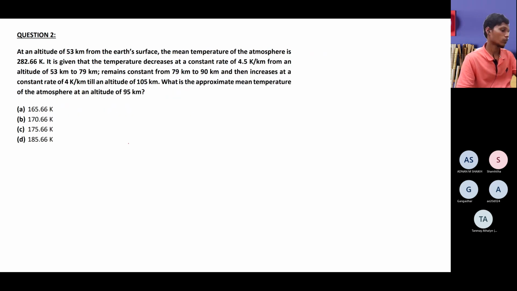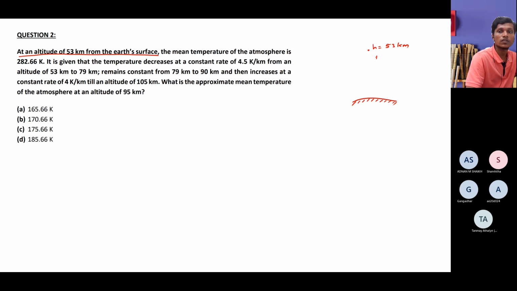So let's see this question, question number 2. What they asked: at an altitude of 53 kilometers from the Earth's surface. So there is an Earth surface here, and at an altitude of 53 kilometers, H equals 53 kilometers, the mean temperature of the atmosphere is 282.66 Kelvin.